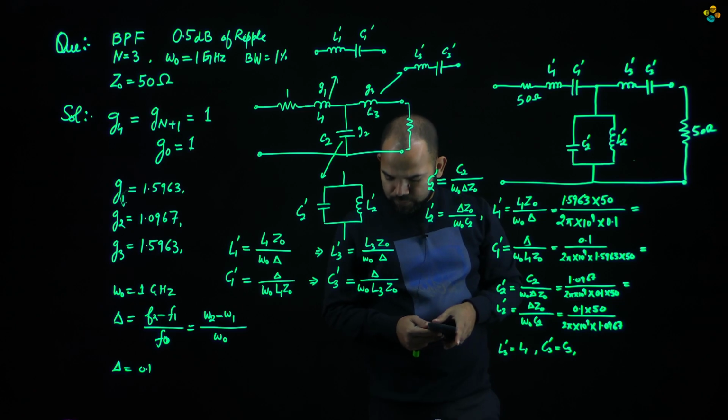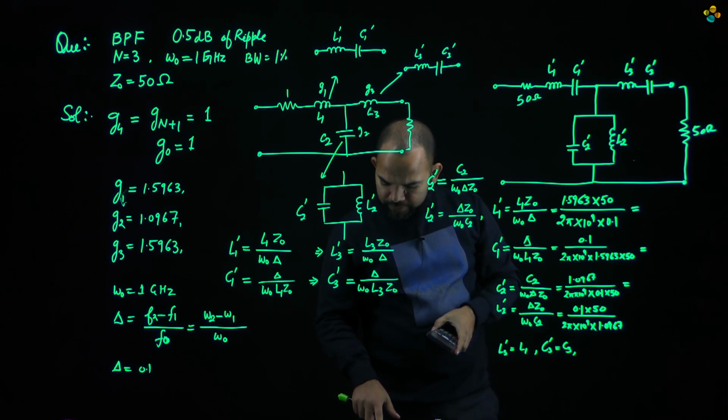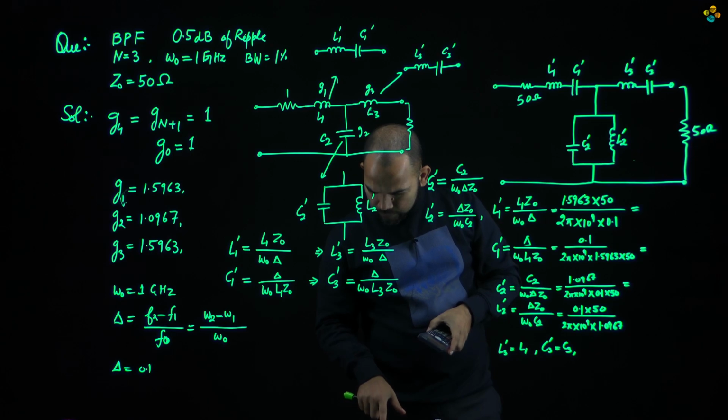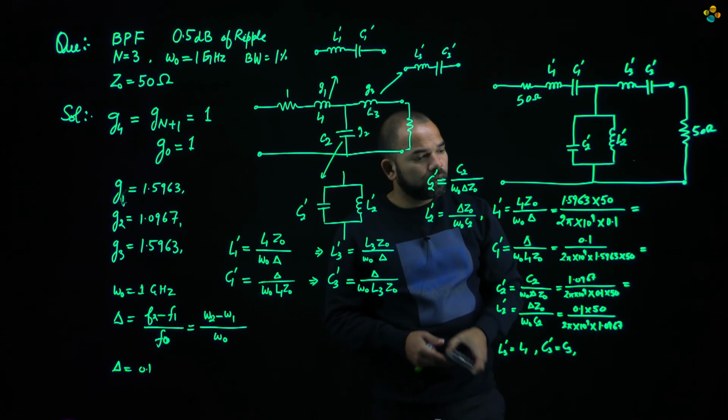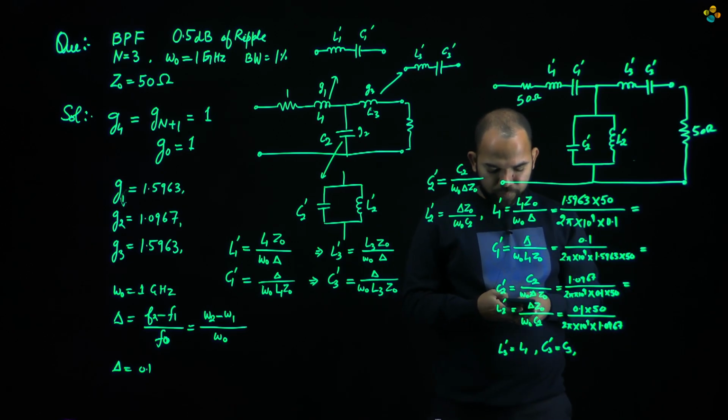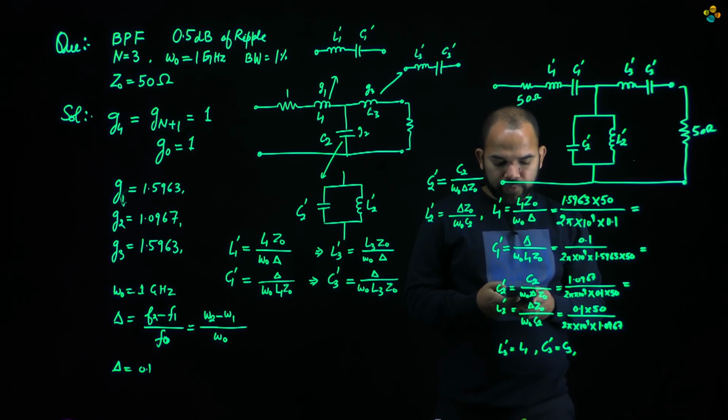Say, for example, the first value of L1, so let's calculate it. 1.5963 multiplied by 50 divided by 2 divided by pi divided by 0.1.